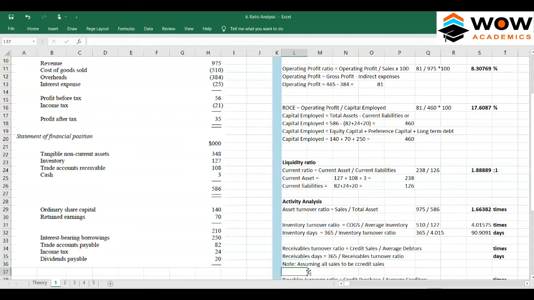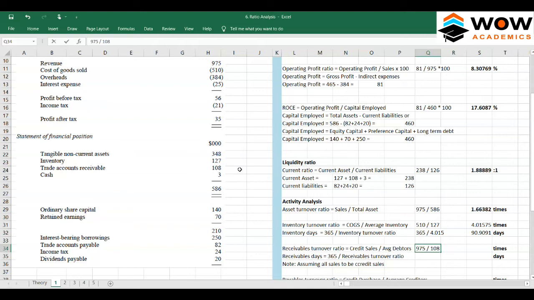You can note it like that, and then we could do it. So sales is 975 divided by average debtors. Here we don't have the word debtors, but we have receivables, so that is 108.